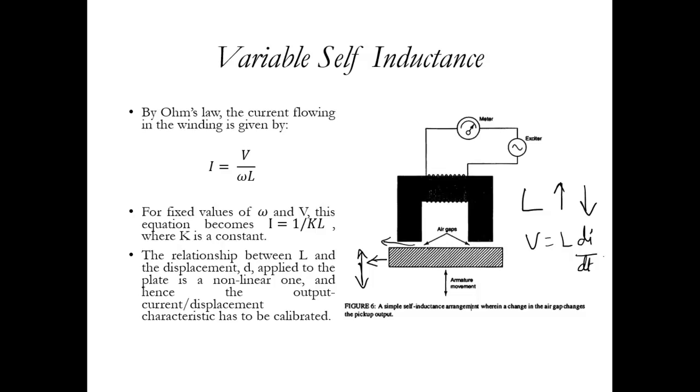But that bears a non-linear relationship between the displacement and the inductance of the coil. So as we change D, the L changes, and accordingly the current through the inductor also changes. So the current can be calibrated, or correlated, with the displacement to be measured, and then we can use this as a position sensor.